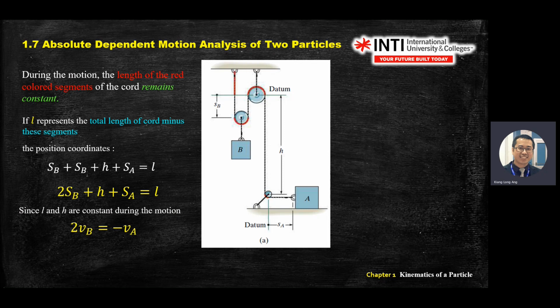It means that B moves at half the speed of A, with a different direction. Makes sense. So the yellow color equation you see on the screen here is very important when you solve absolute dependent motion. Okay, the rest is substitution.